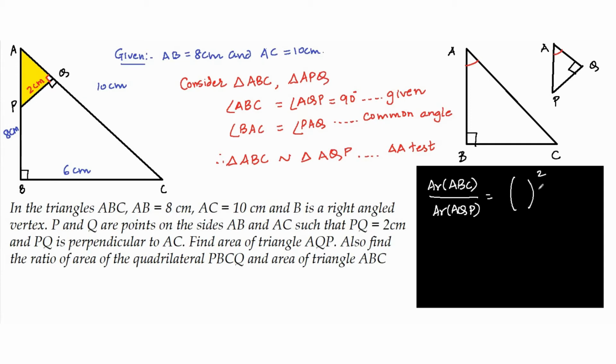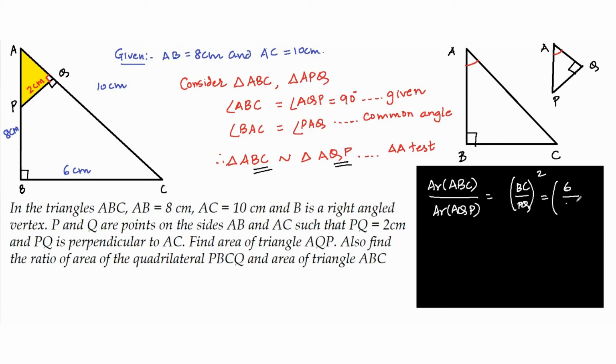So now PQ is the side which is known here. So I am going to pick PQ as the side for triangle AQP. Now if I pick PQ as my side, I will have to pick BC as the corresponding side. So it would be BC upon PQ the whole square, which is going to be, the length of BC was found out. It was 6 centimeters.